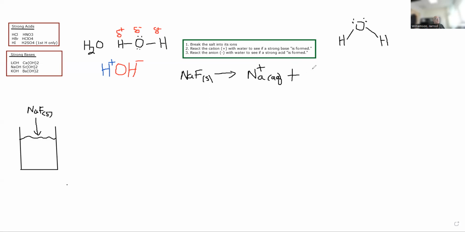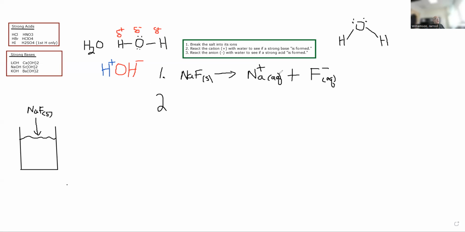Plus, it's going to separate into fluoride ion, aq. So that's step one. I break it into its separate ions.